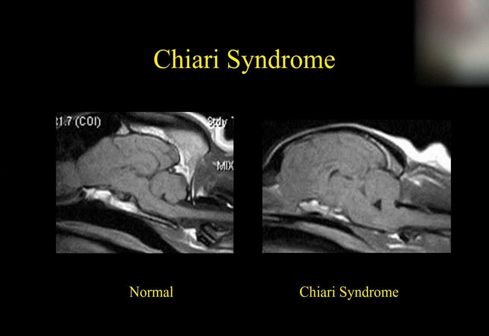You will never see that with radiographs. You will never find it with ultrasound because there's too much bone around it, and ultrasound doesn't penetrate through bone. But you will see it with MRI. Even CT is not good to see this. So MRI is the way to go if you have a King Charles Cavalier that comes in and you suspect they may have Chiari syndrome. All right.